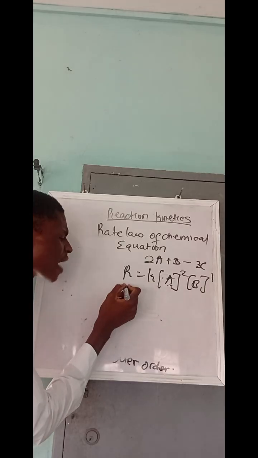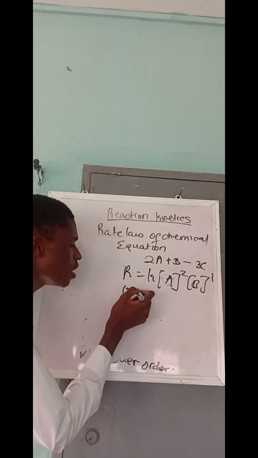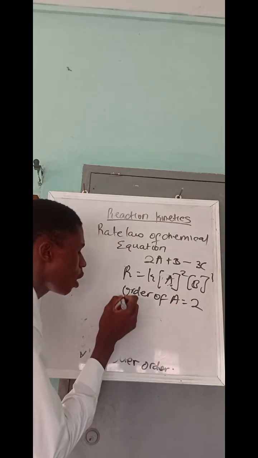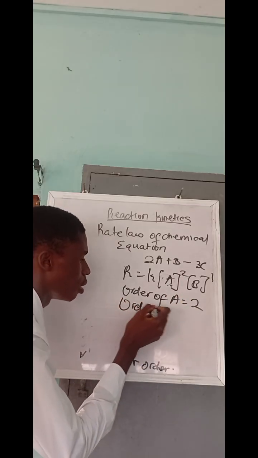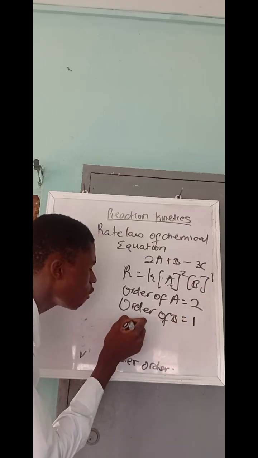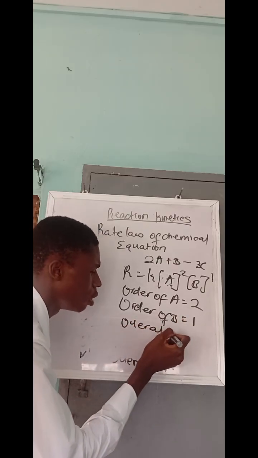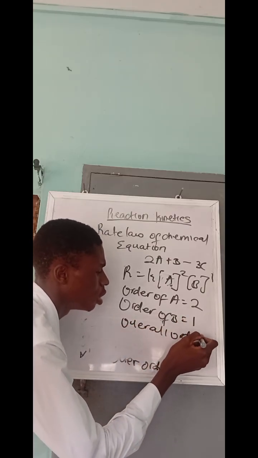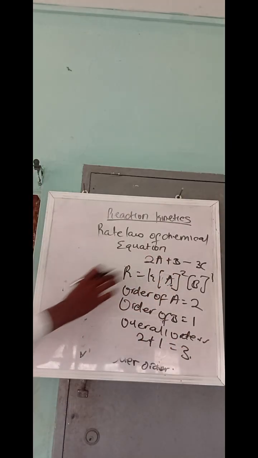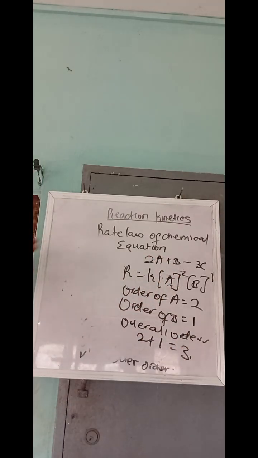At the end of the day, my order of A is 2, order of B is 1, then the overall order of reaction is 2 plus 1, which is equal to 3. So automatically this reaction is of order 3.